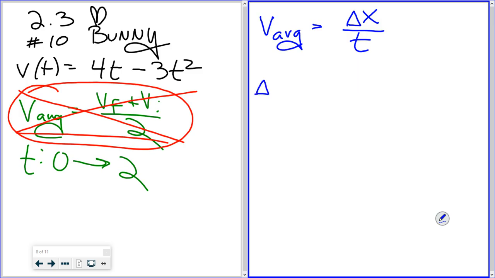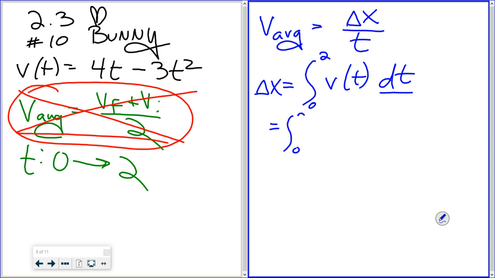So our displacement then is the integral from time 0 to time 2 of my velocity as time changes. Okay, remember the fact that this is with respect to time tells us that my endpoints have to be times. Clear?